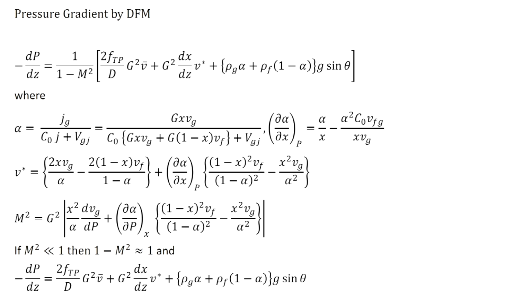So, we get deba alpha by deba x at constant pressure equal to alpha by x minus alpha square C0 Vfg upon xvg.